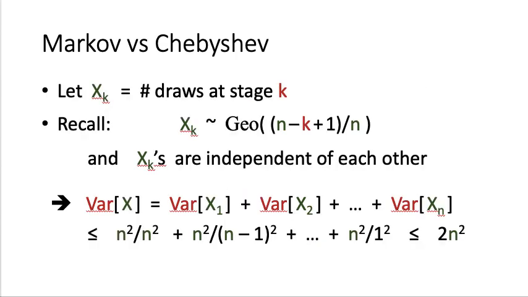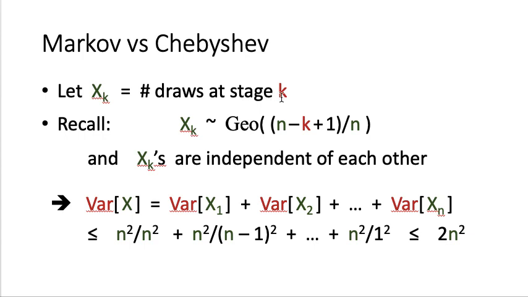Now recall that X represents the total number of draws to get a full collection. Previously, we simplified the analysis by separating this collection process into stages, so that X_k only focuses on the number of draws needed at stage k.